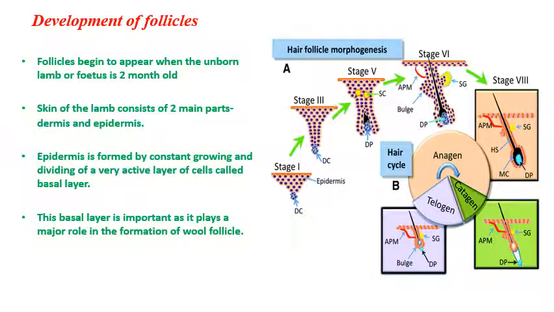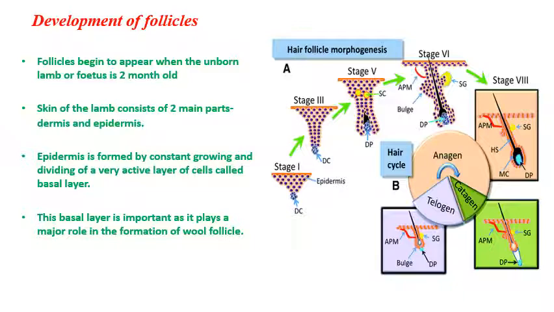Now you will try to understand the development of follicles, that is the wool follicle. Even it is the same for hair follicle also. The follicles begin to appear when the unborn lamb or fetus is 2 months old, which I have already mentioned earlier. Now the origin is from the skin, and the skin of a lamb consists of 2 main parts, that is dermis and epidermis.